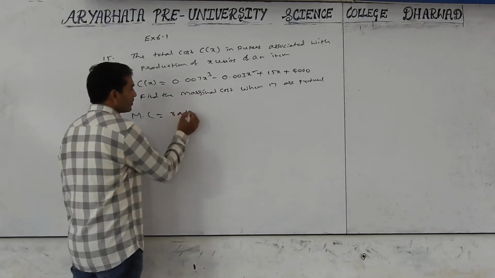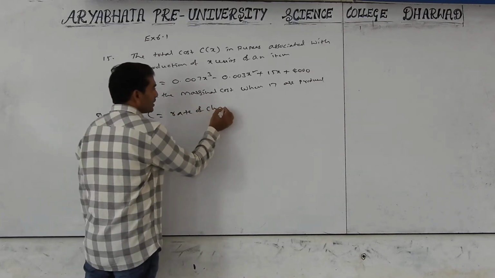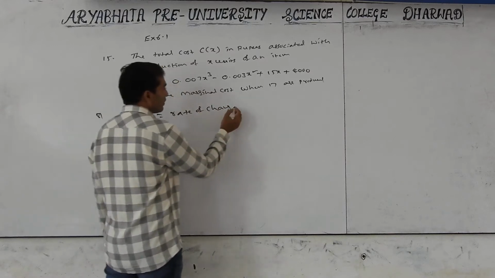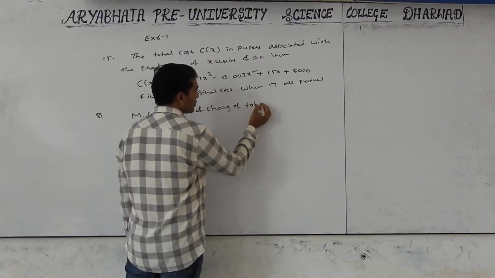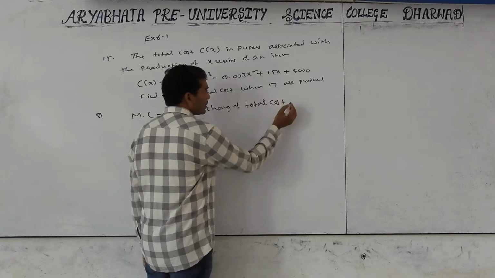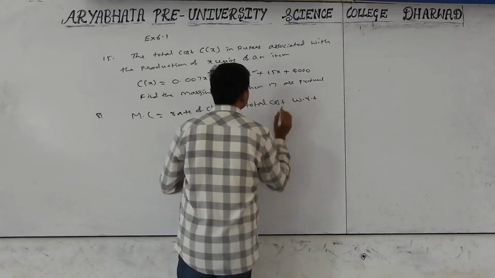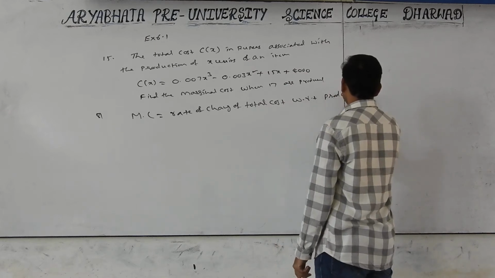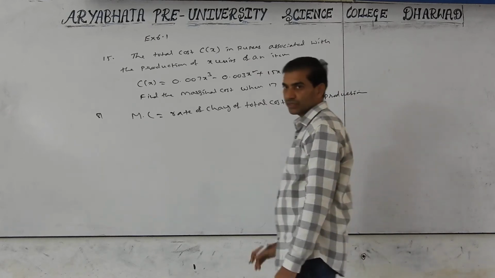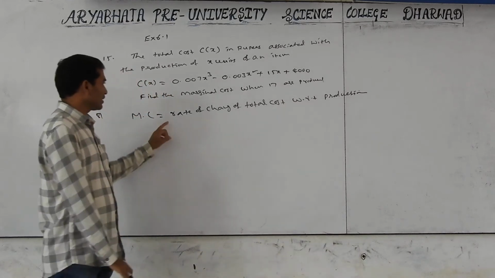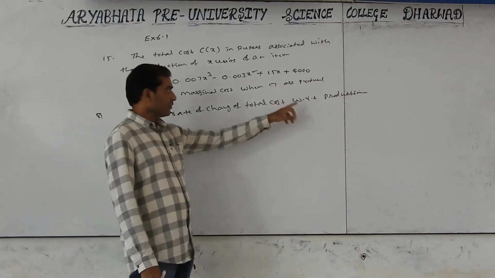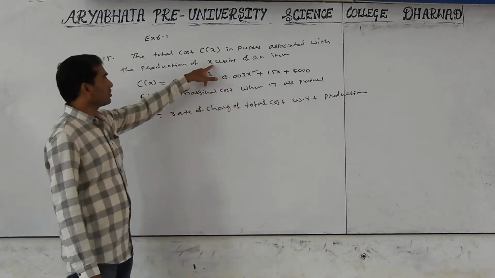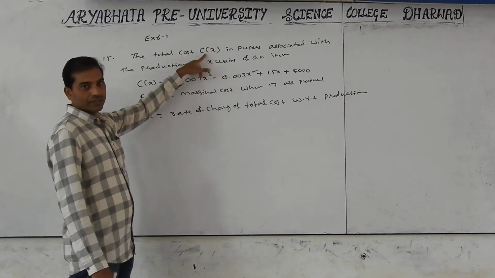Rate of change of total cost with respect to production. Here production is x units, and total cost is C of x.